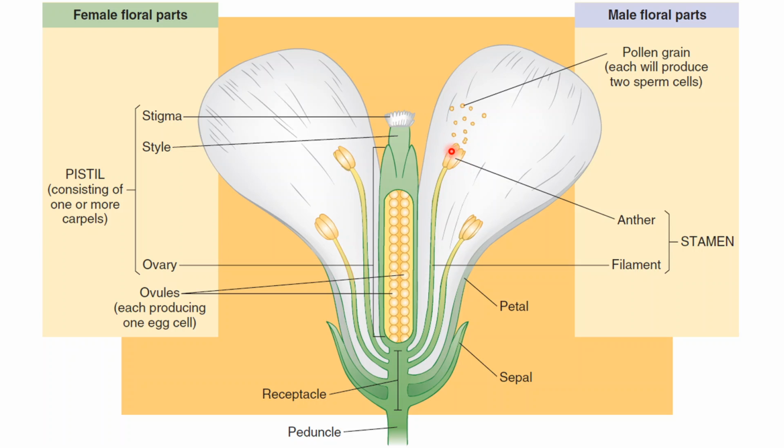So usually flowers would prefer that their pollens go to another flower. So even though they have their own carpels, they don't like to put their sperm cells to themselves. So they put it to another flower that is located on another plant.